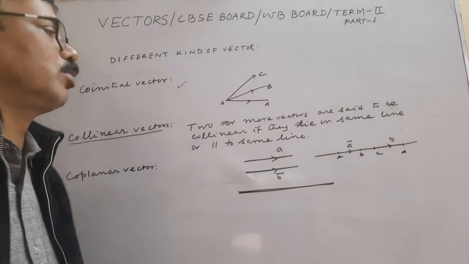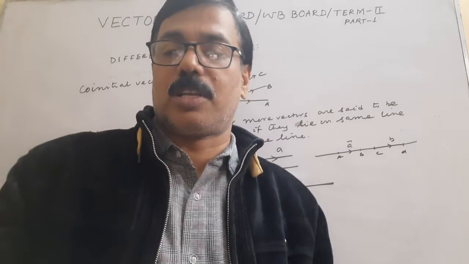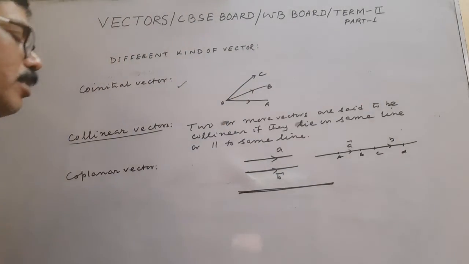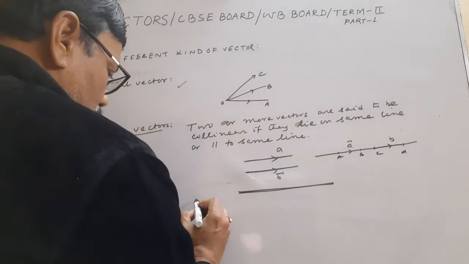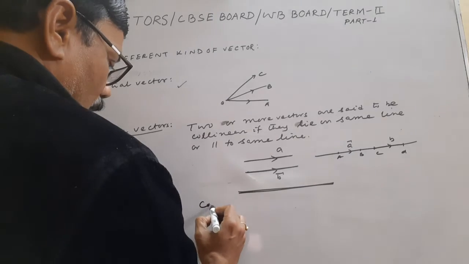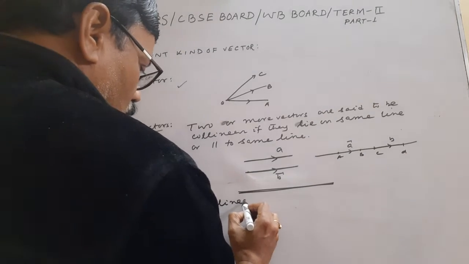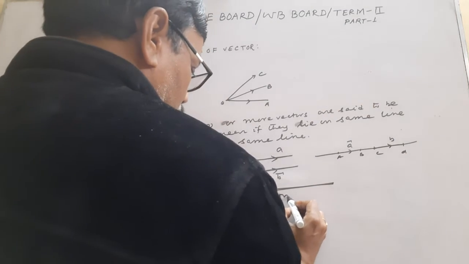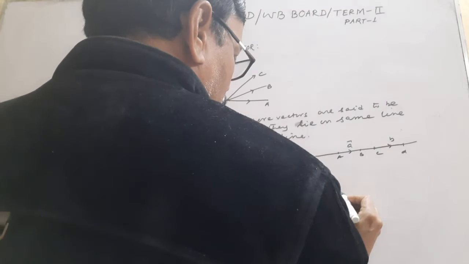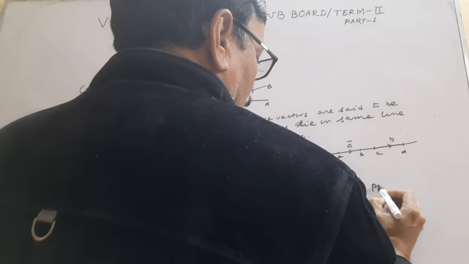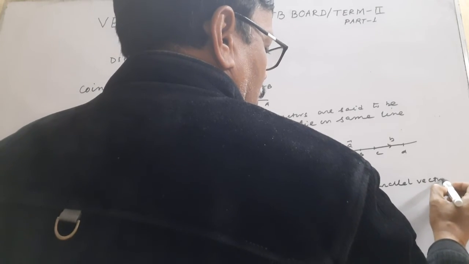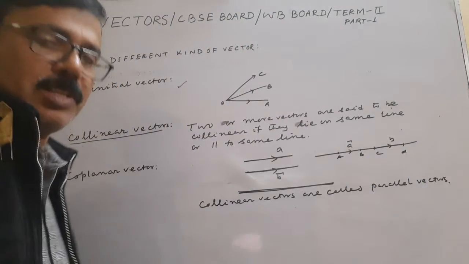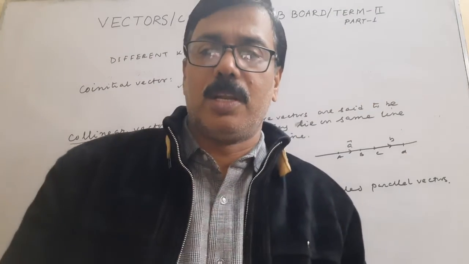In this case also, we say the vectors are collinear. Mind it, collinear vectors are called parallel vectors. So you should know the definitions.